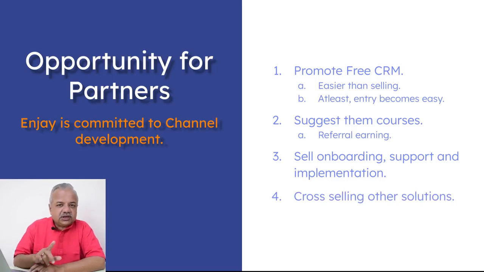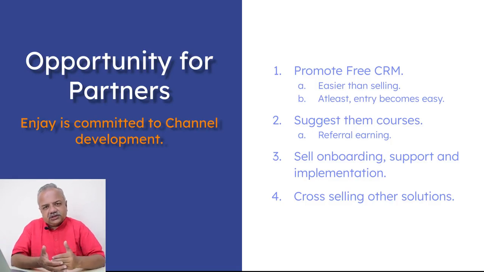If you get an entry with the CRM solution, it means you can sell many things to this customer. The relation is already started. See how it happens? With any organization, 80% friction or 80% effort is required just to convince them to start a relationship with us. 20% effort is required to show the product to them or to sell or to convince them about the product.